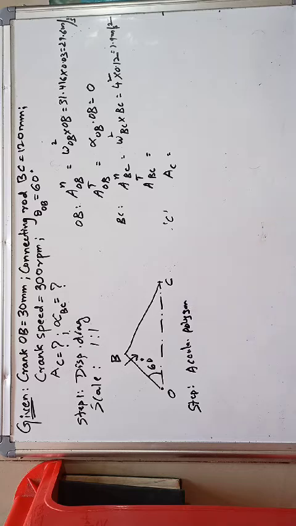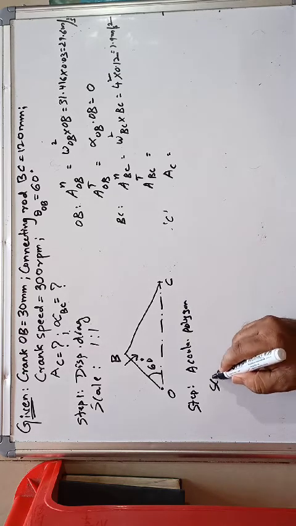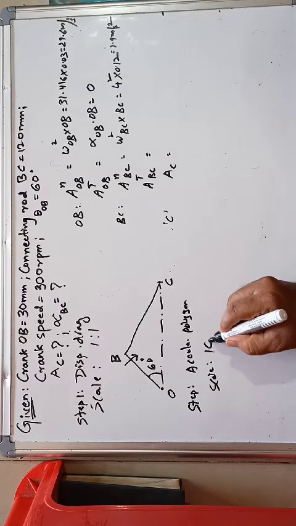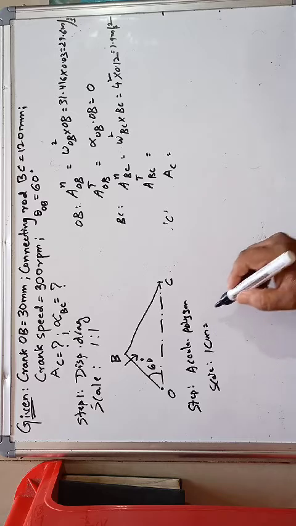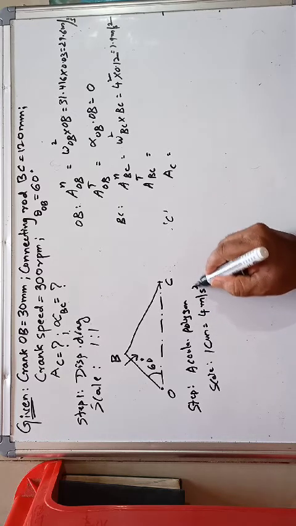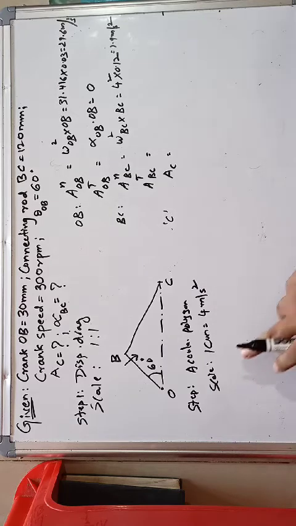Again the scale is very important. I am going to consider 1 centimeter equal to 4 meters per second square. This is the scale for the acceleration polygon.